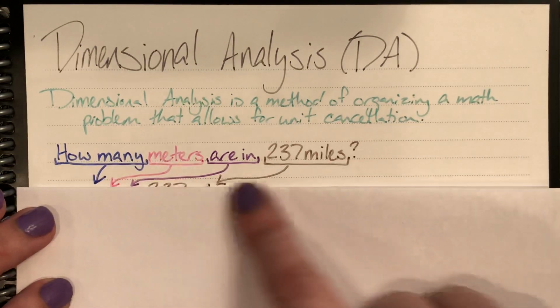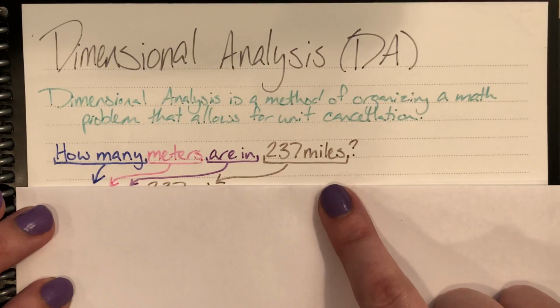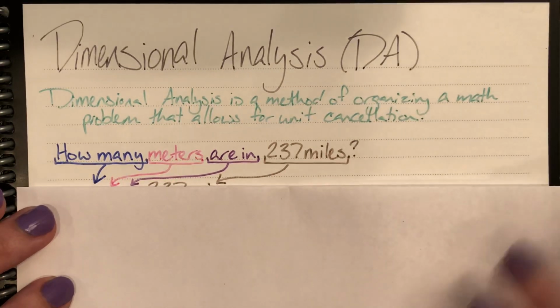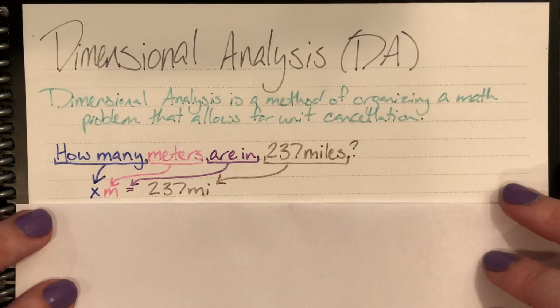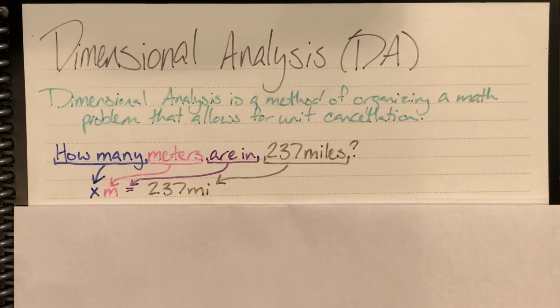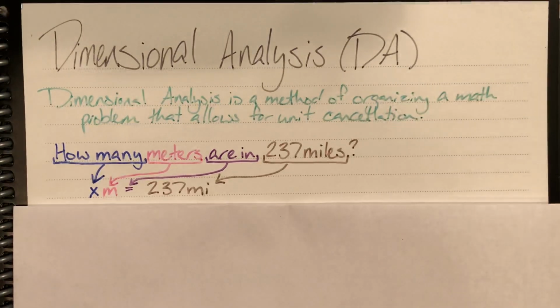As you can see, I've color-coded the problem, and that's because it's going to help us see exactly where we are plugging into our equation that we're forming. So "how many" is going to turn into x, because that's how we ask questions in math. We say x rather than a question mark or "how many."